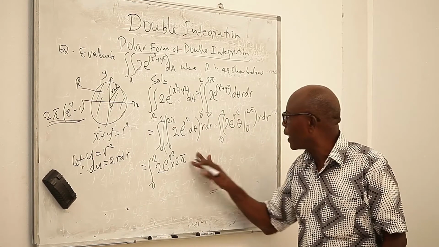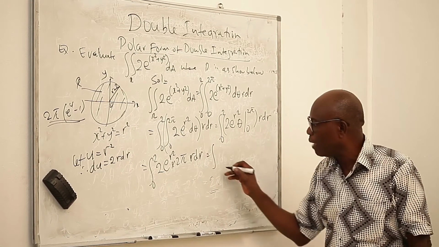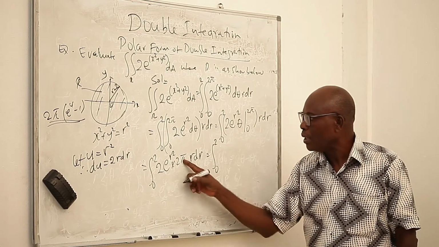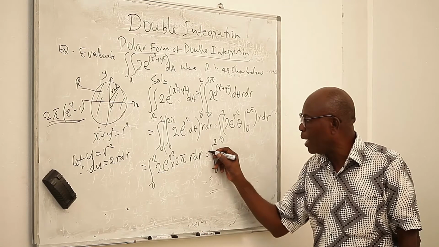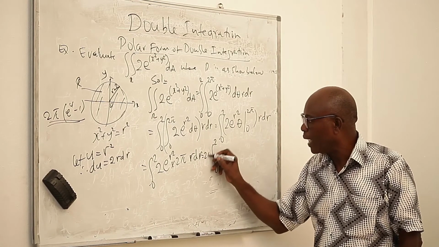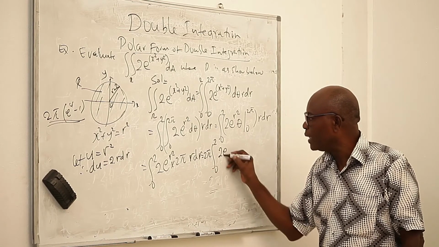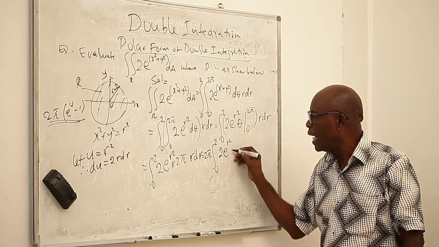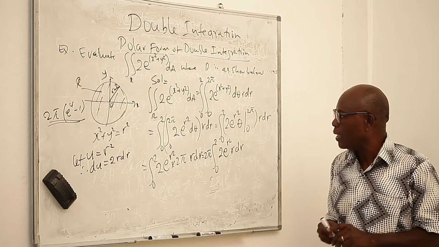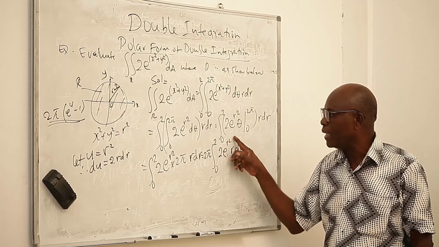And so this one becomes r dr. If you tidy up, we have 0 to 2, and 2π can come out. So we are left with 2e^(r²) r dr, with 2π out.